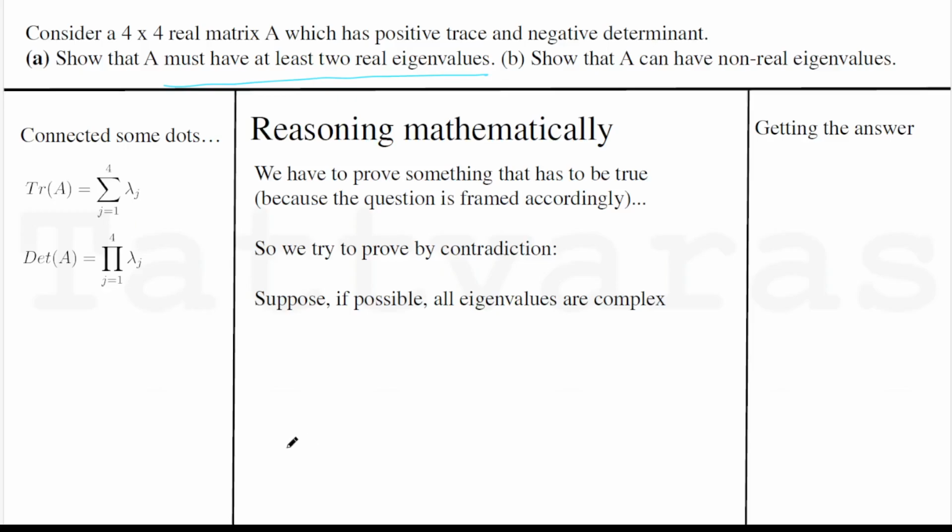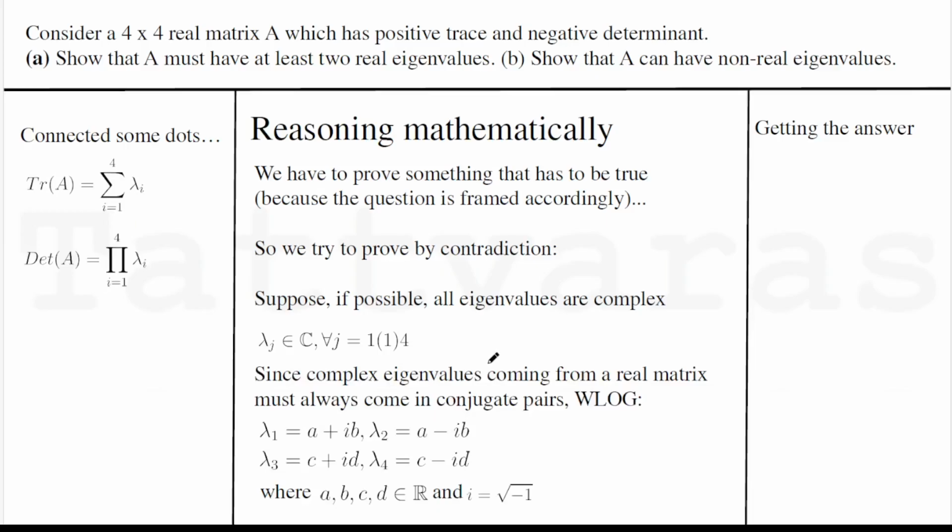It means all the eigenvalues are complex. So this is the starting assumption that we take. And then we give a structure to the 4 eigenvalues. Pretty standard structure in complex numbers: a plus ib, a minus ib, c plus id, c minus id, where a, b, c, d are all reals, and i is the iota, square root of -1.